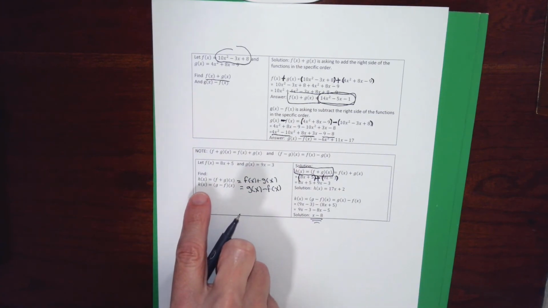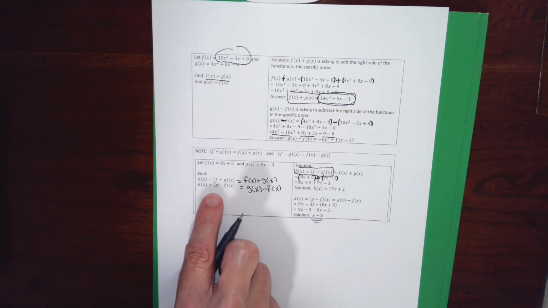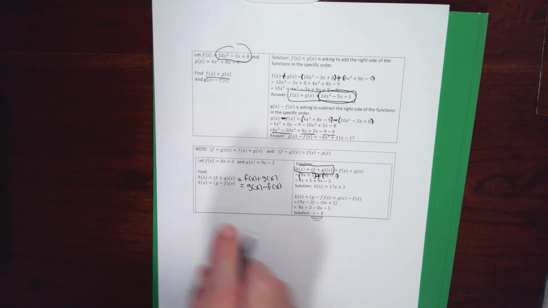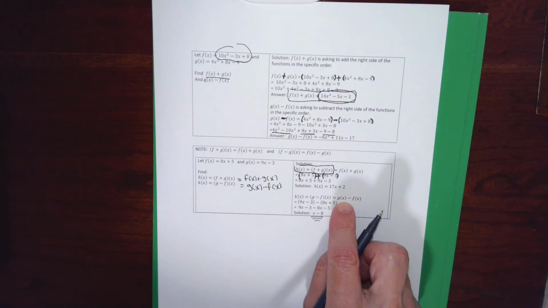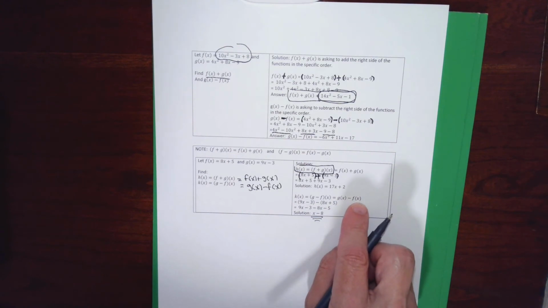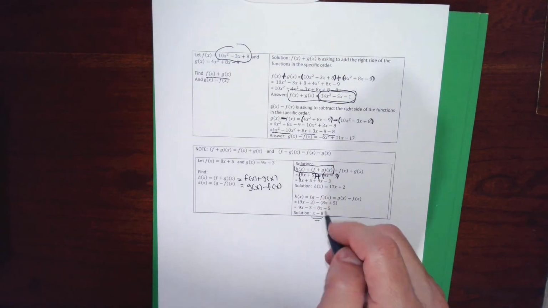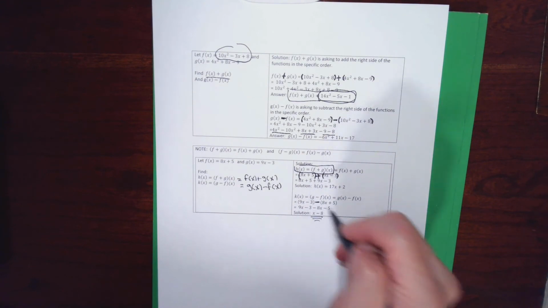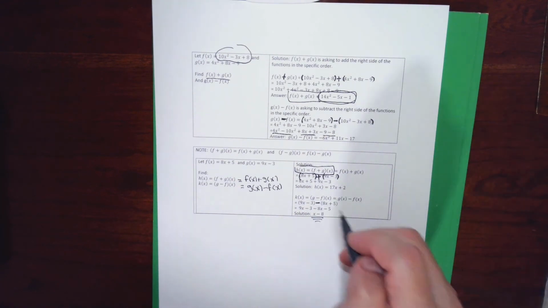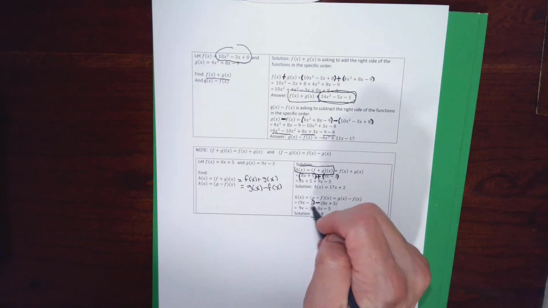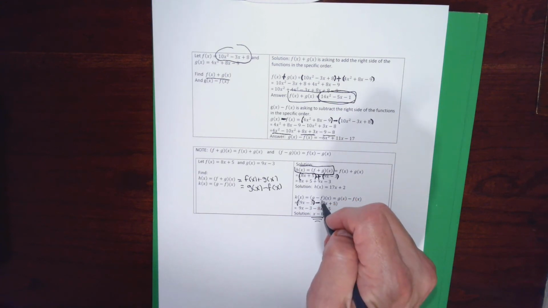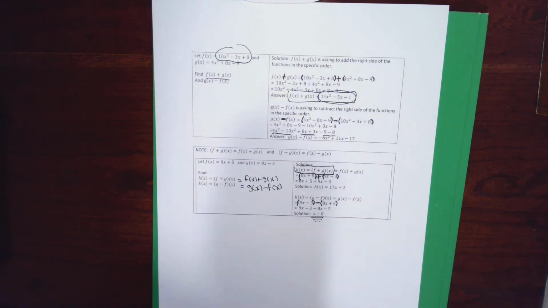I'm asked to find k evaluated at x, which is g minus f of x. That means I just need to subtract the g function and the f function, just like I did up here. I do that by putting the minus sign that's between the functions, creating a parentheses to the left of the minus sign, creating a parentheses to the right of the minus sign, and then filling up the appropriate contents.